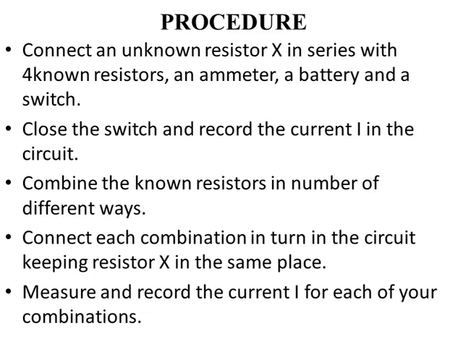Now the first procedure says you connect an unknown resistor X in series with 4 known resistors. The unknown resistor means you don't know the amount of resistance it is, if it is 5 kilo ohms or thereabout, and for the known ones you'll be told if it is 1 kilo ohm or whatever.